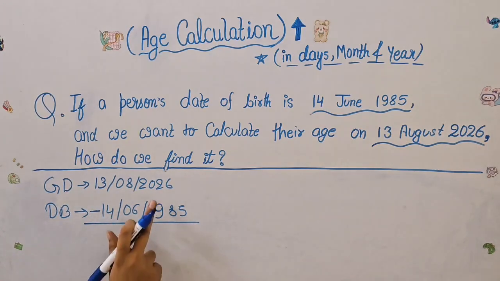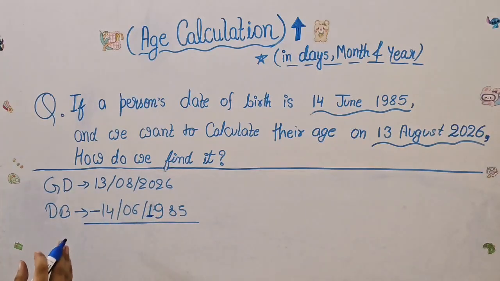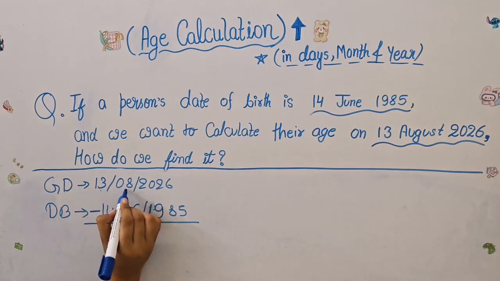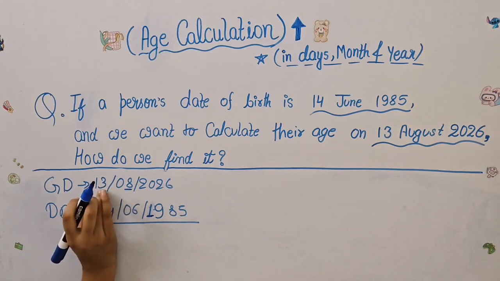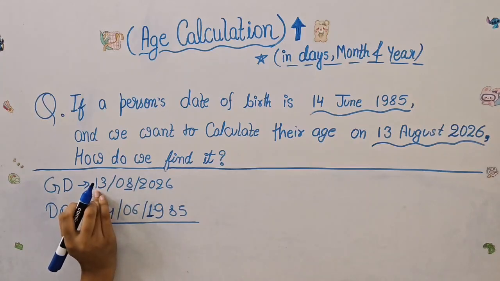As we all know, 14 cannot be subtracted from 13 directly. So this will borrow a month from the 8, because this block contains the months. If this date borrows from the month, it has to give a whole month to the date.